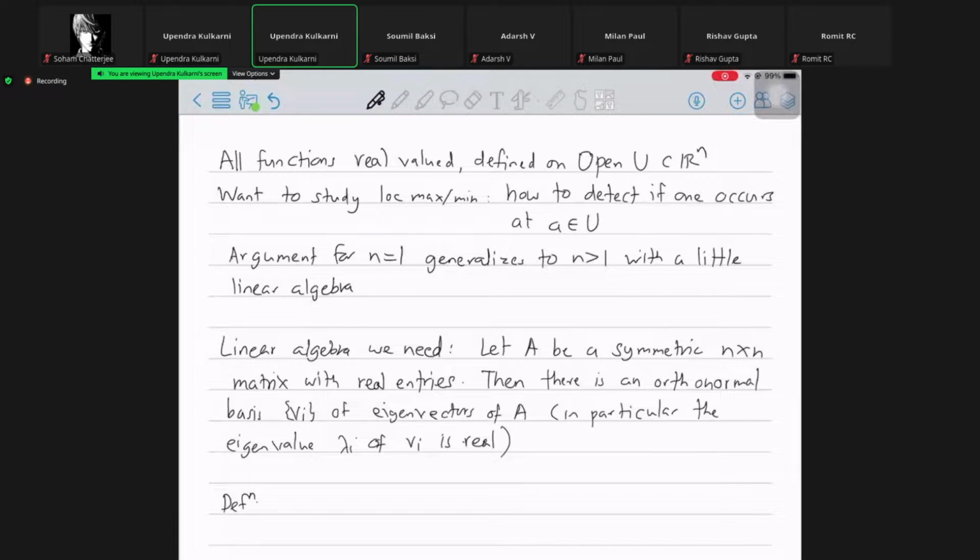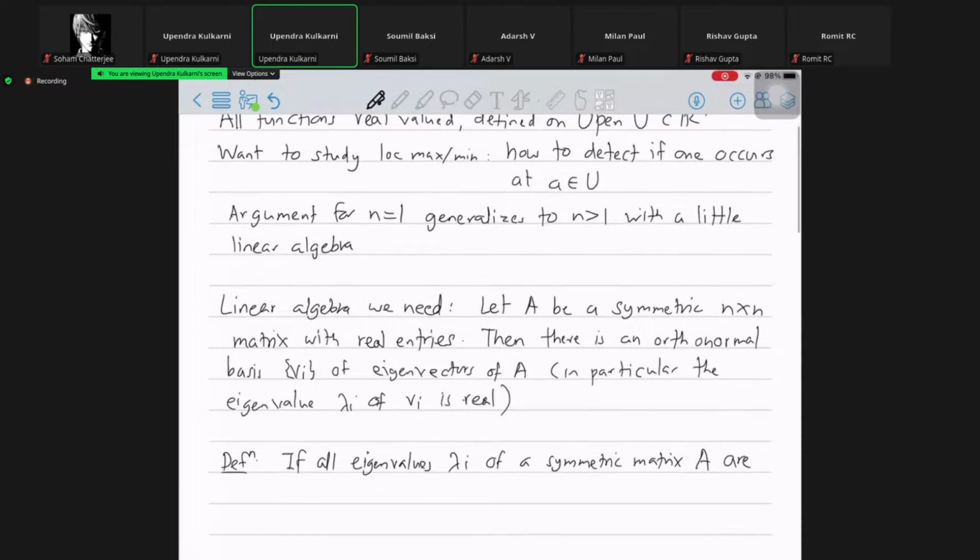So the definition: if all eigenvalues lambda_i of a symmetric matrix A are non-negative, then A is called positive semi-definite.